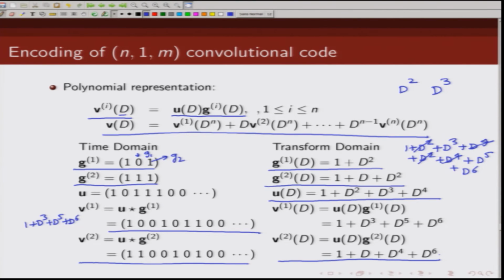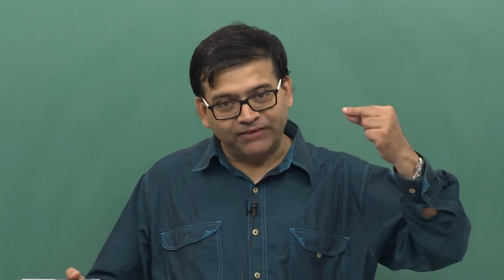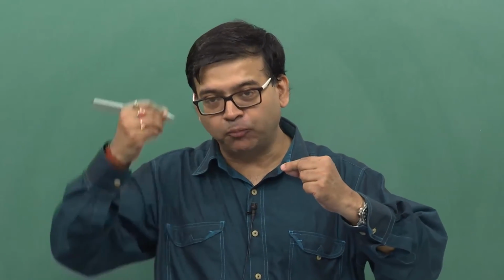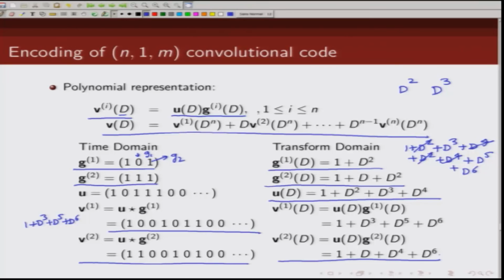Now, once you have these individual sequences, how do you write the overall output sequence? So, note that for one input sequence you are getting n outputs. Okay. So, this is taken care of by this. So, VID is going to give me the output sequence corresponding to each of these outputs.